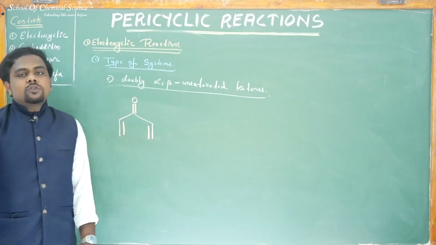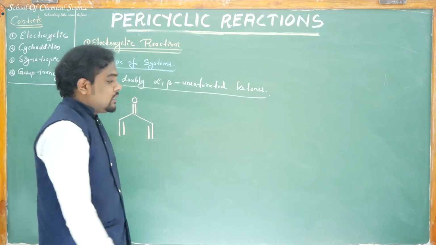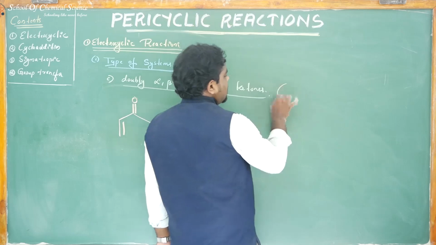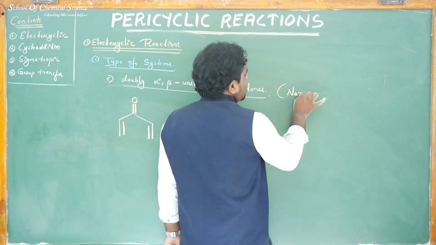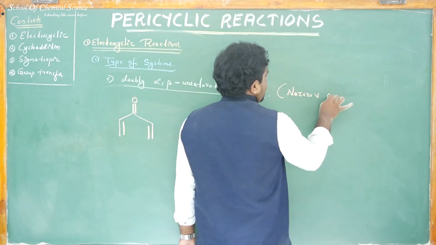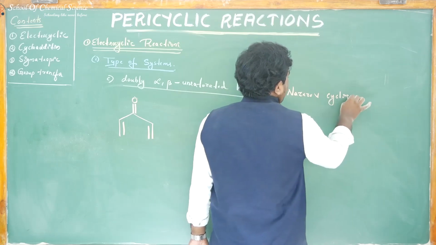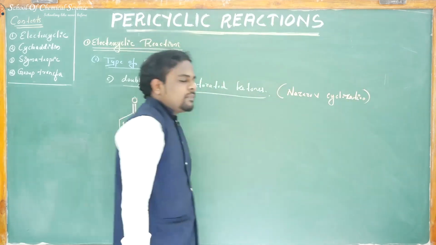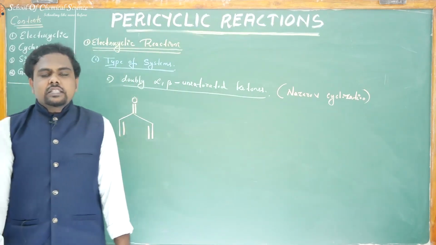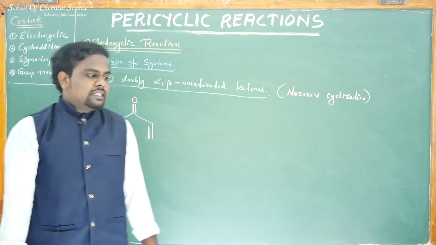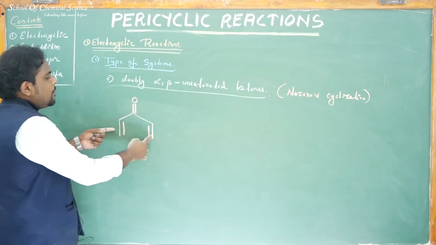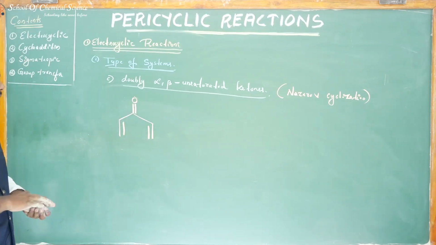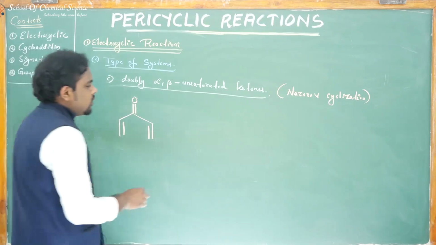This compound also show electrocyclic reaction, a special type of reaction, Nazarov cyclization, a named reaction. This name reaction that we will discuss in this lecture, Nazarov cyclization, which is shown by doubly alpha beta unsaturated ketone.